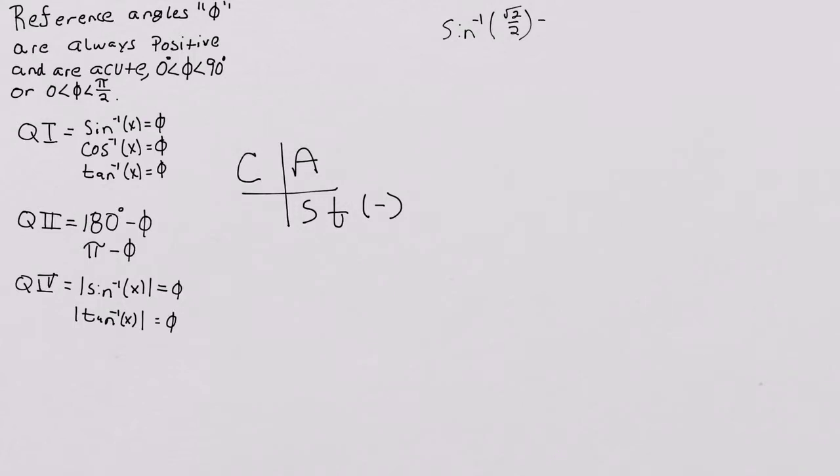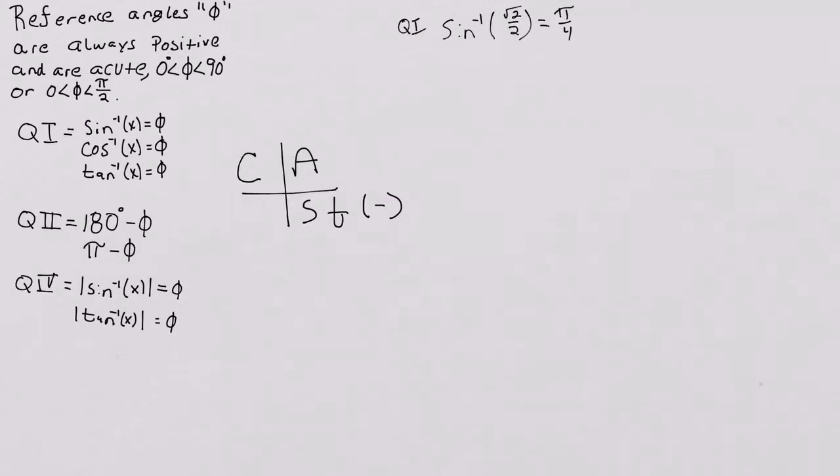That's square root of 2 over 2, which is at pi over 4, or 45 degrees. Pi over 4 is between 0 and pi over 2 and is positive, so you would use pi over 4 as your reference angle. And of course, this is in quadrant 1, simply because arc sine is positive in quadrant 1.